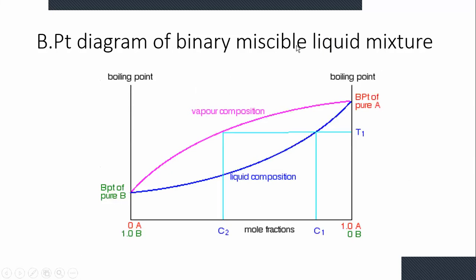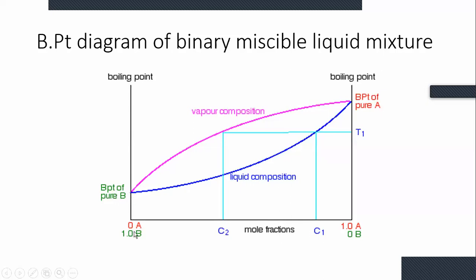Now, let's look at this diagram. This diagram is telling us that the boiling point of pure B is low, which means this liquid is a liquid with high vapor pressure. And liquid with high vapor pressure will have what? A low boiling point. This is your boiling point here, and this is your boiling point here. Here is your mole fraction.